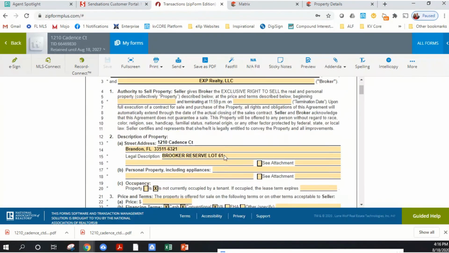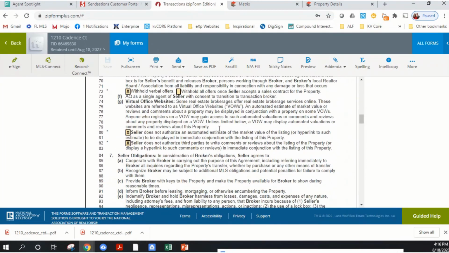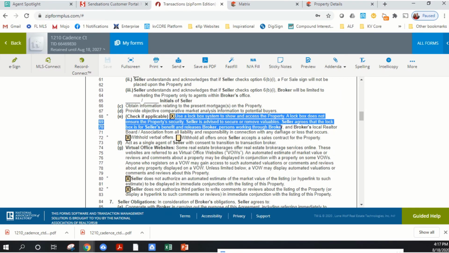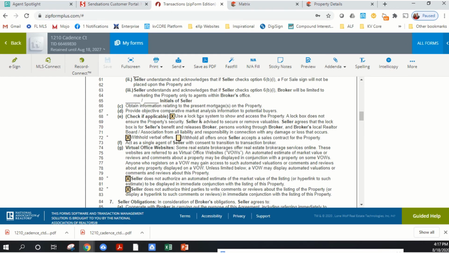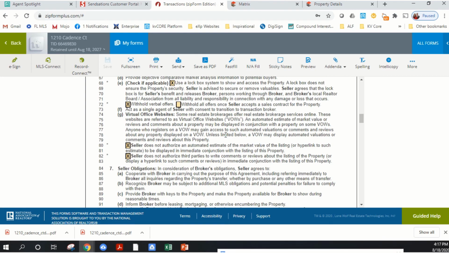So a few things to negotiate: time, price, and commission are probably the 3 big things. And then make sure you say, hey, we use Supra lockboxes that are secure and only accessible to realtors. I have an app on my phone that opens it, and that's how we keep your property secure.